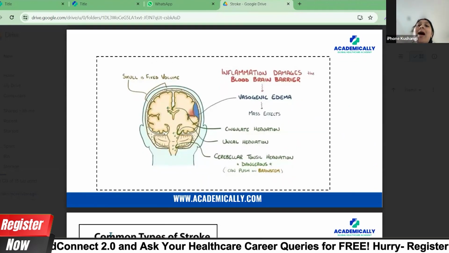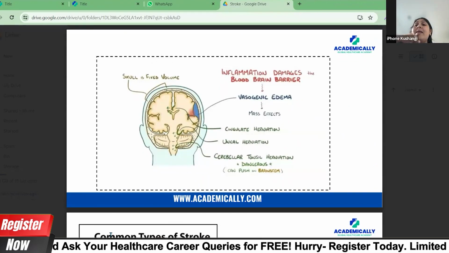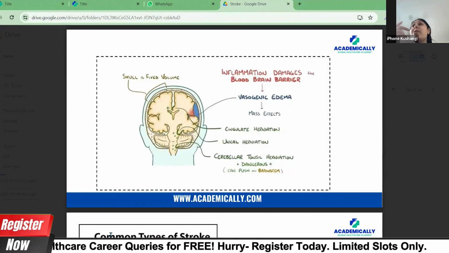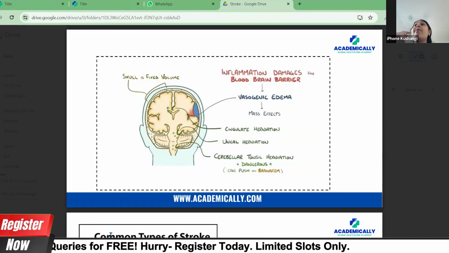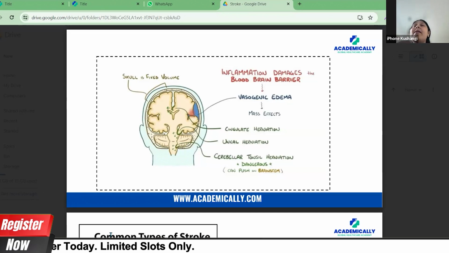Yeah. So how does inflammation, or any infection occurring in the brain, affect it? You must have heard about meningitis or other brain layer infections, right?